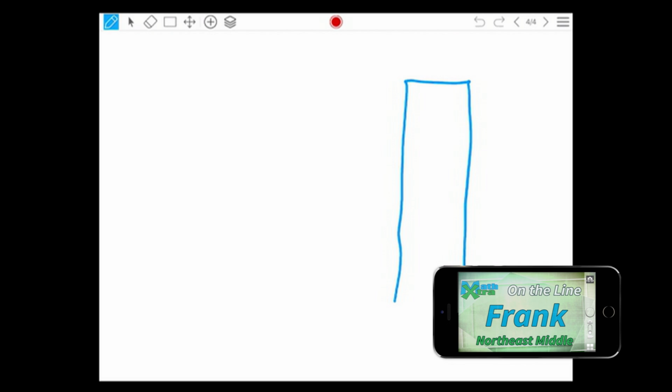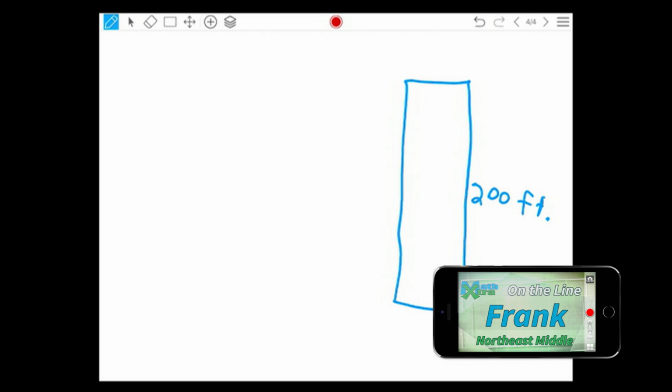Frank, can you give me a really big number? 200. 200, perfect. Let's say they're trying to build a building that's 200 feet tall. They can't actually draw out plans for a 200-foot building. It wouldn't fit on a piece of paper, would it?